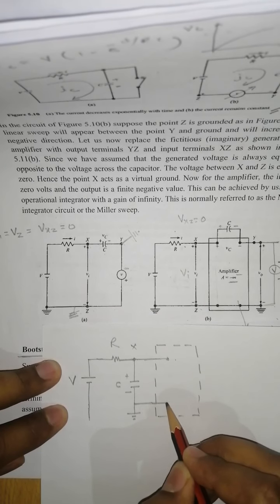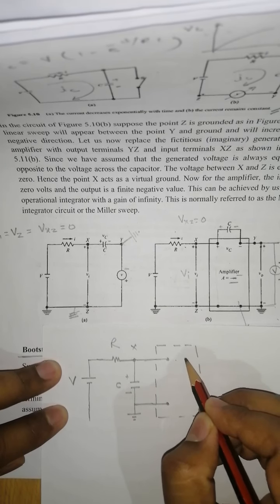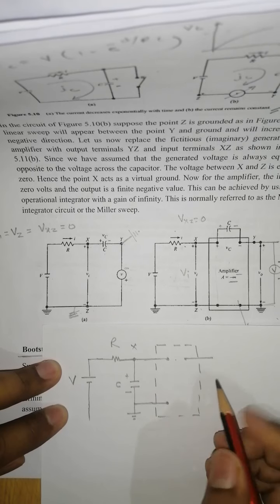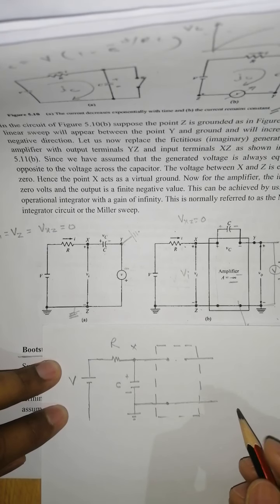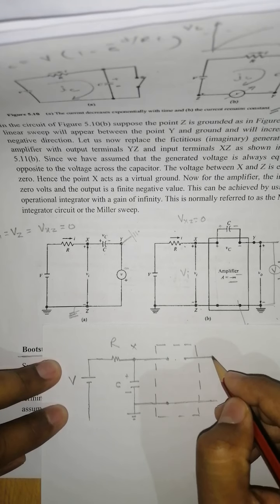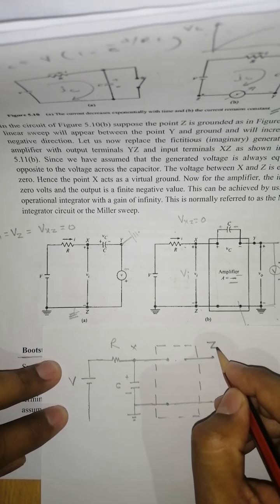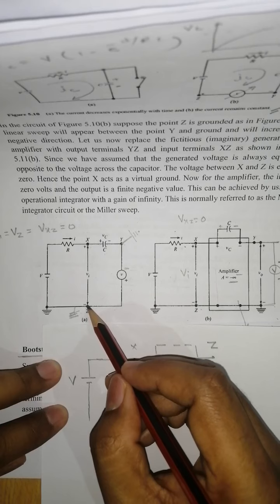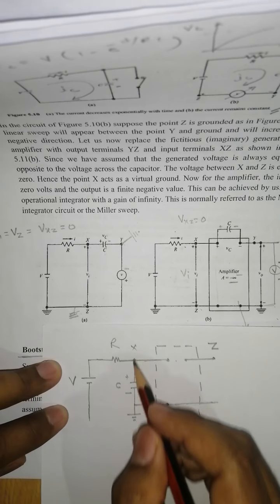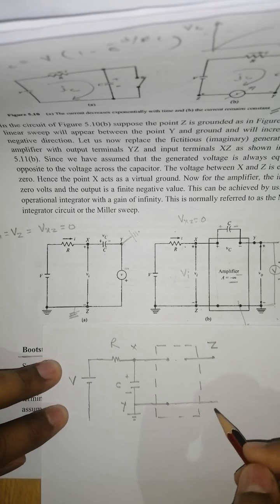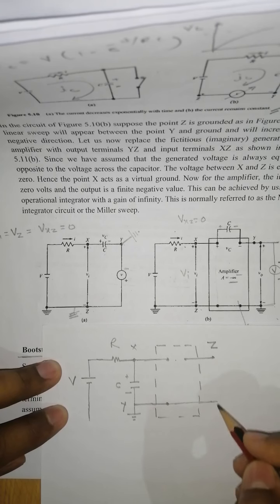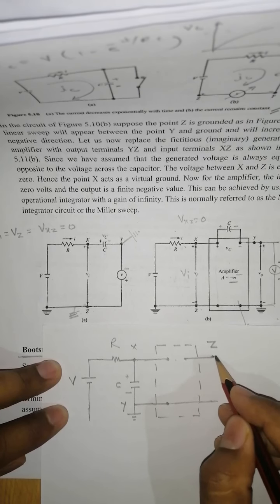This is the input section, and this is the output section, and the grounded point will be common to the output terminal also. We are taking the output between Z and Y, so this point is common here.